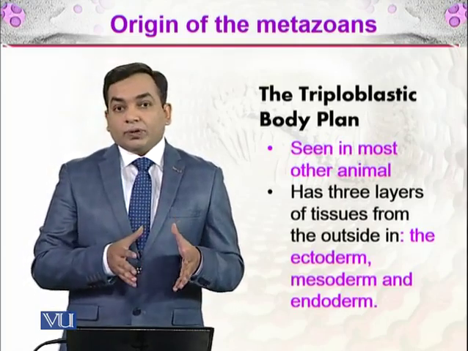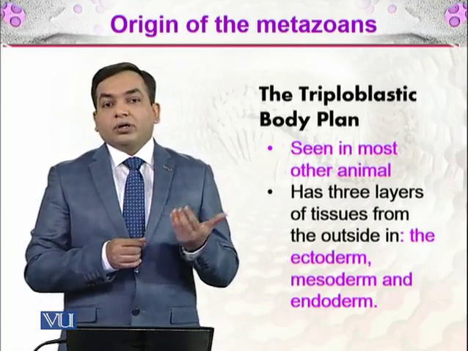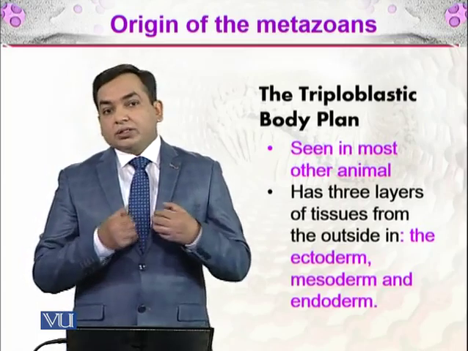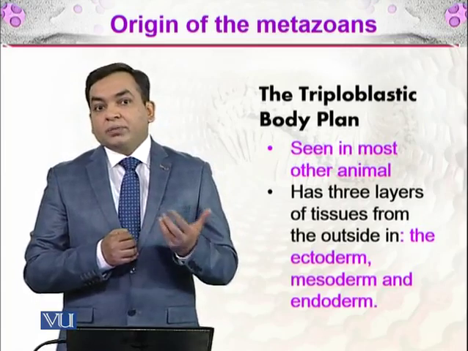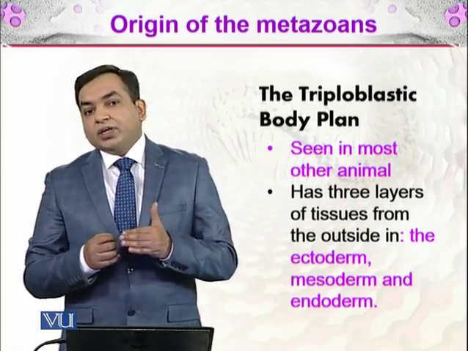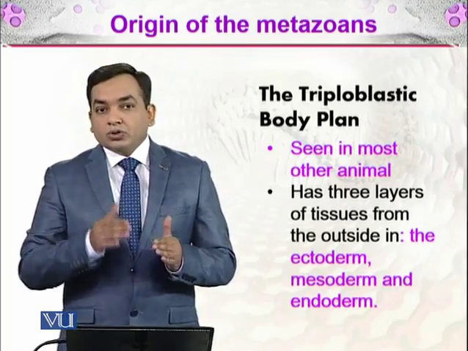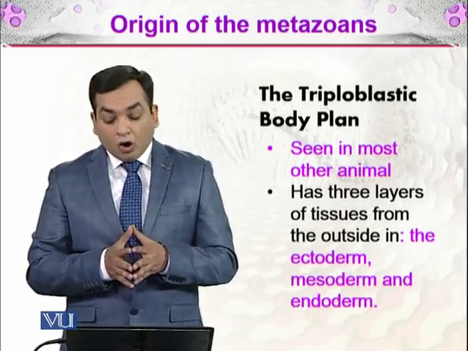That means our skin and nervous system are made from the ectoderm. Mesoderm makes the organs present in the mediastinum, and the endoderm makes the internal organs, like the digestive tract. So these three layers originate the different organs in the body.